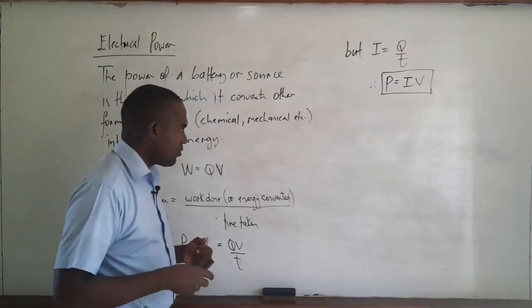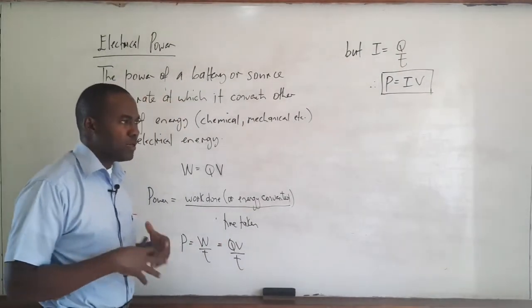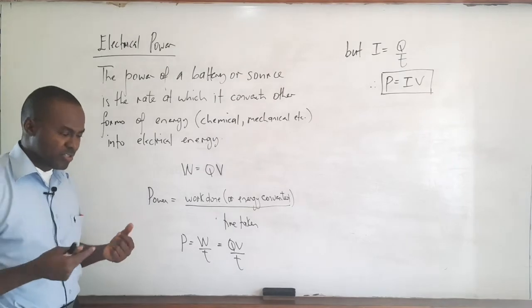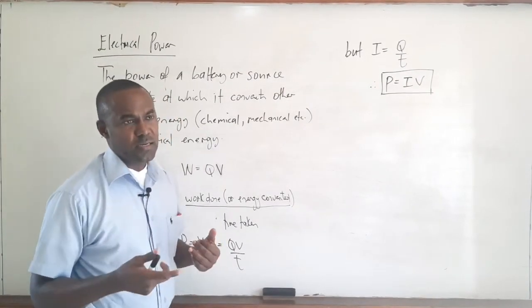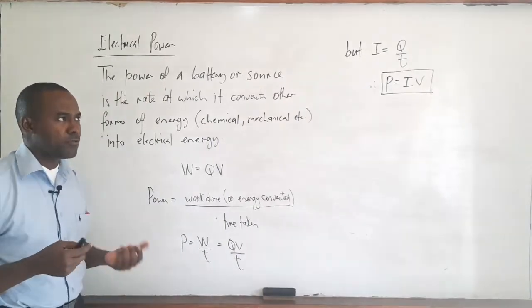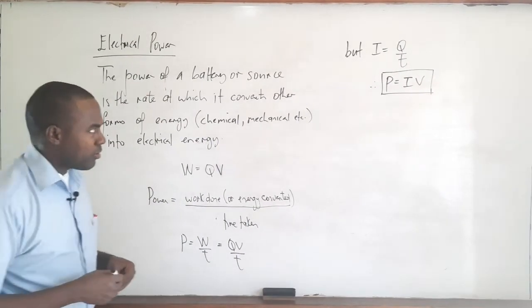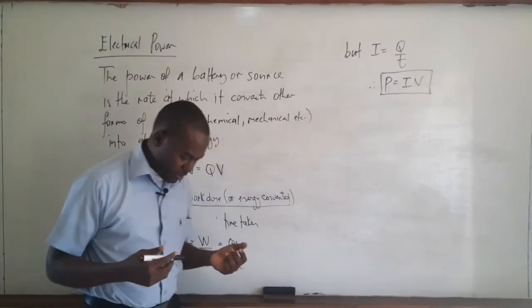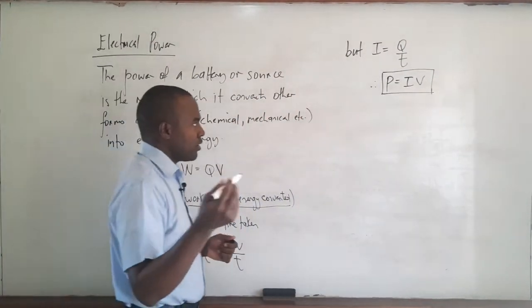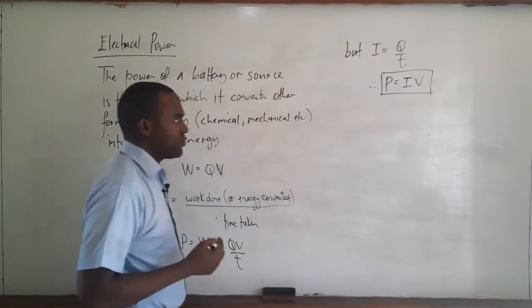So these formulae apply to the power delivered by a battery or source to a circuit, and they can also be used to calculate the power being dissipated in some passive component like a resistor or a conductor. Now, there are other versions of this formula which can be used to calculate power. So let's derive those other equations as well.